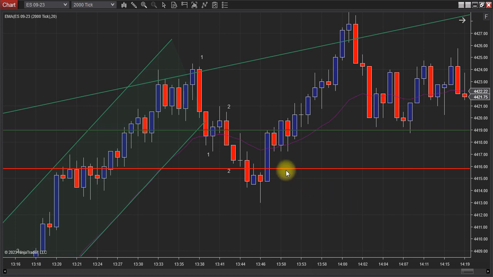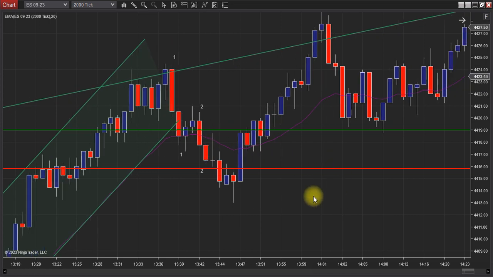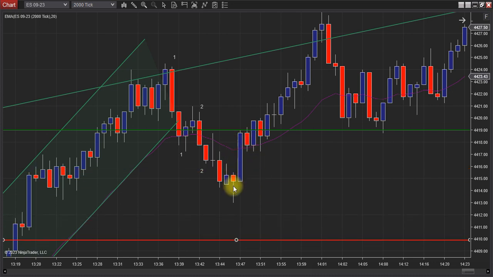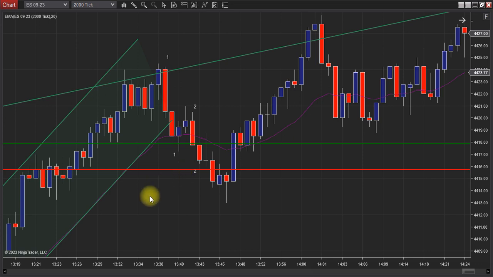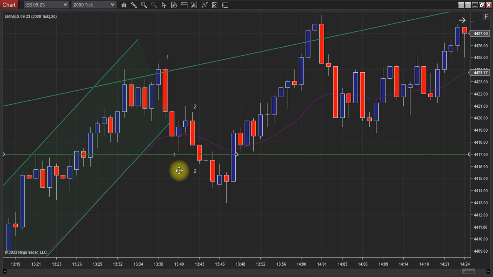Basically, you're just betting on the bears failing here. You have a few options. If you're a bull and you enter here, and your stop loss is here, and you get stopped out, okay, stopped out.